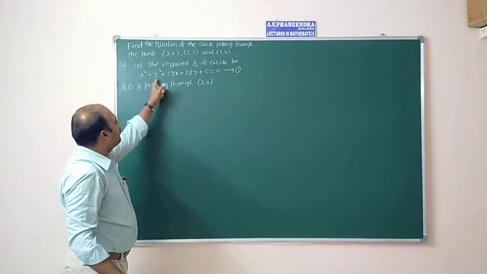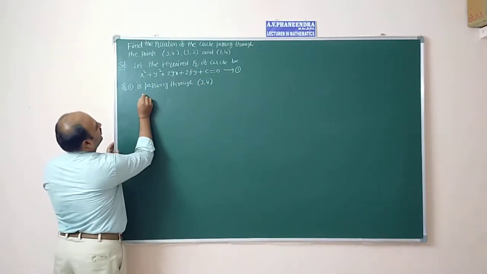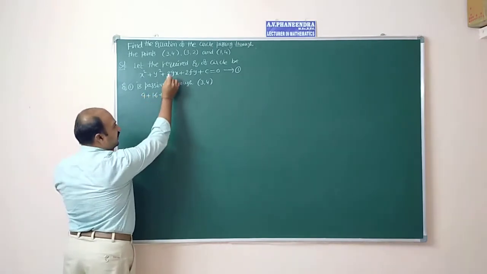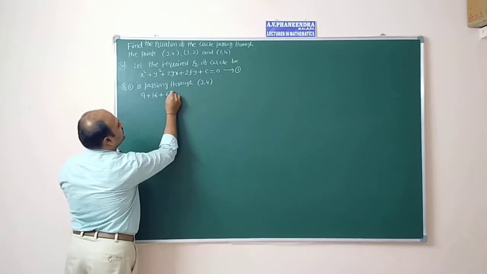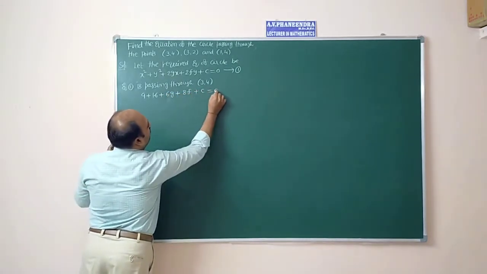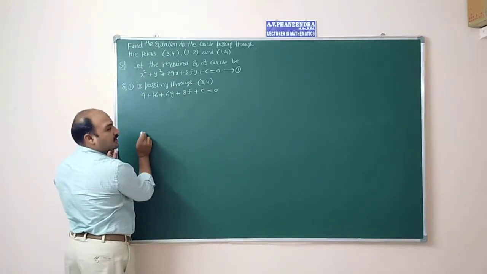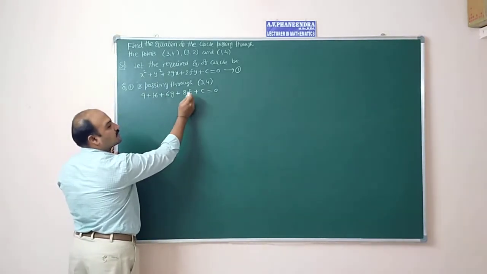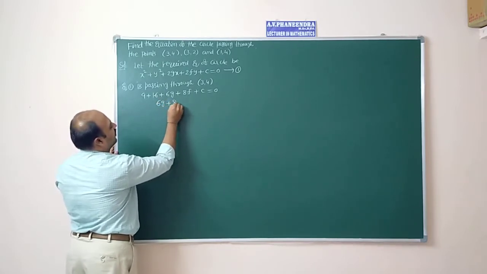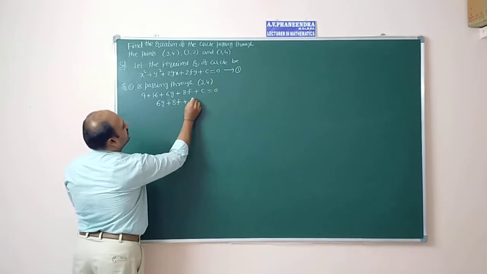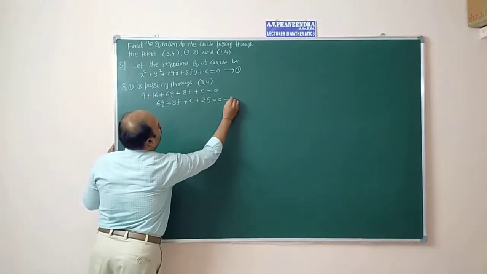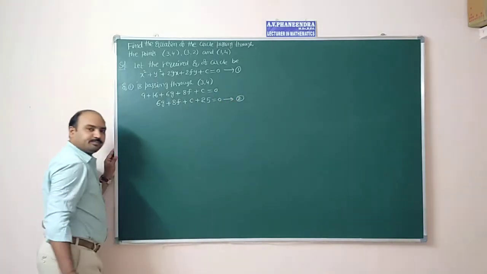So in place of x, y, substitute 3, 4. 3 squared plus 4 squared plus 3 into 2g, that means 6g, plus 8f plus c equal to 0. 9 plus 16 is 25. First g, f, c and then the constant, like this we have to write. 6g plus 8f plus c plus 25 is equal to 0. Call that equation number 2.